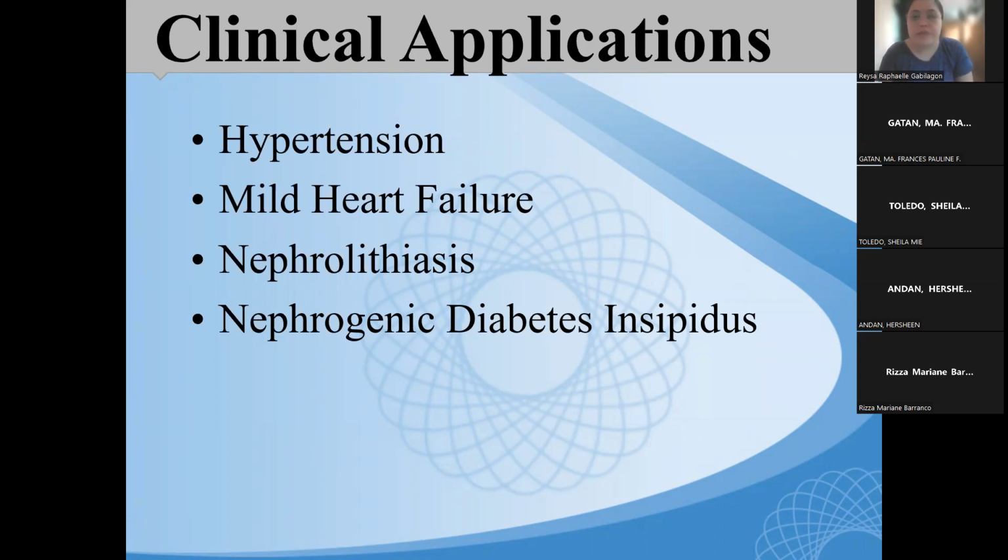When you say diabetes insipidus class, this person has a problem with sensitivity to the antidiuretic hormone. Okay, when you say NDI, we have a problem on the sensitivity to the antidiuretic hormone.